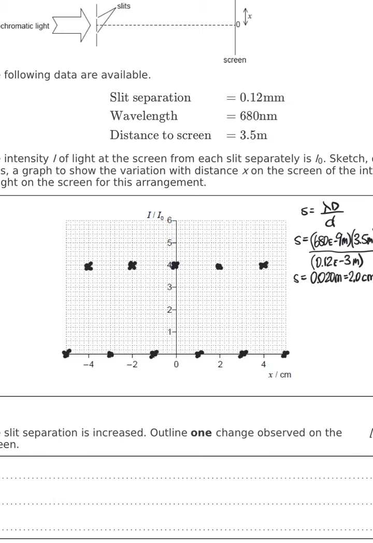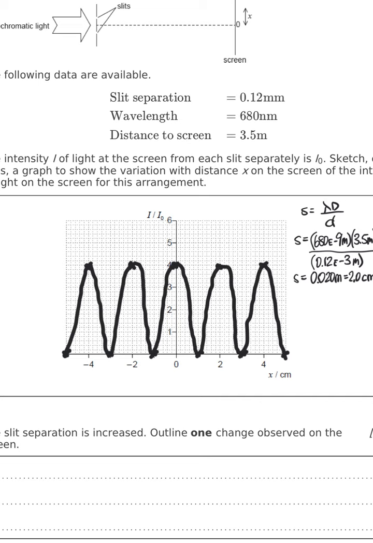I've sketched out the relevant points, so if I connect them, there we go. It does say in the mark scheme that you can also account for the single slit diffraction envelope, but it's not actually required among the 3 marks for this problem.